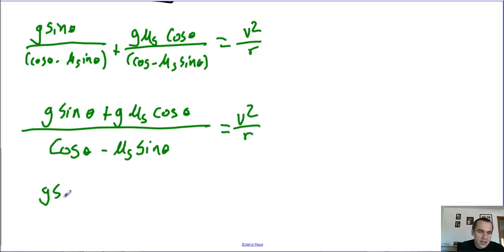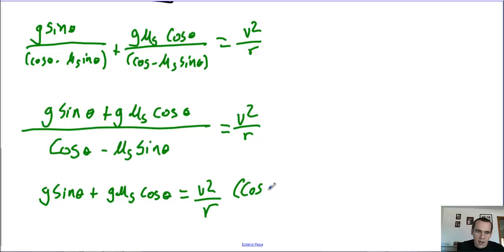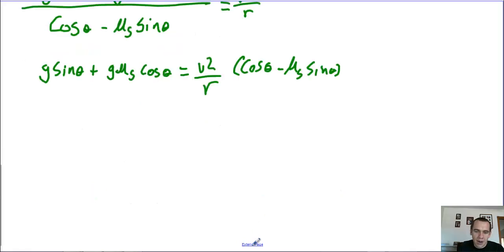So now I have g sine theta plus g mu s cosine theta equals v squared over r, and this whole thing is multiplied by the cosine of theta minus the coefficient of friction times the sine of theta, and so now I've got this r that's divided on this side. I don't like that, so I'm going to go ahead and, well, actually that's just a number, so I can deal with that if I want, but I could distribute it through either way.